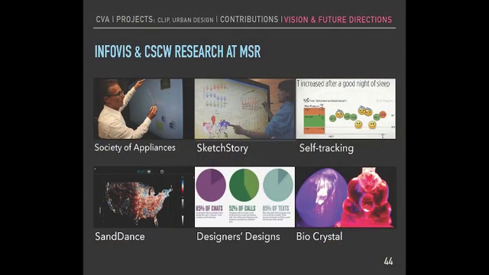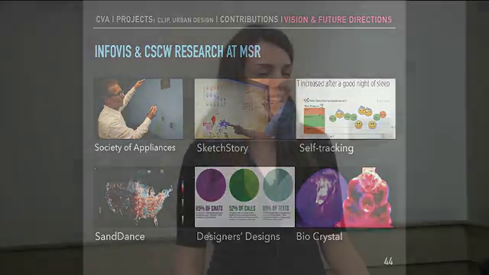And then bridging between computational analytics and design and fine art worlds is one of my future goals. And there are many InfoVis and CSCW researchers here at MSR that I found very relevant and in line with what I do or what I would love to do in the future.